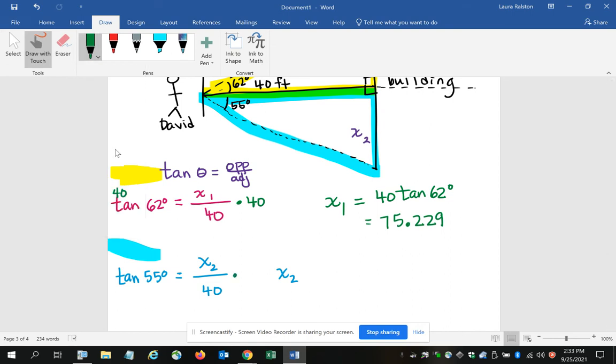Multiply both sides by 40, just like we did before. So we get x2 equals 40 times the tangent of 55 degrees.